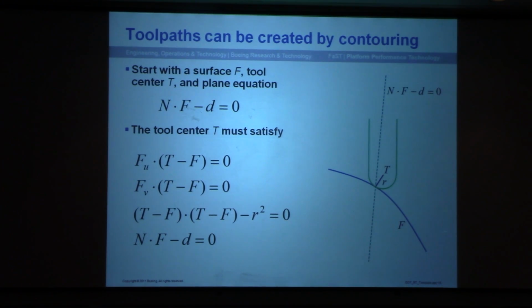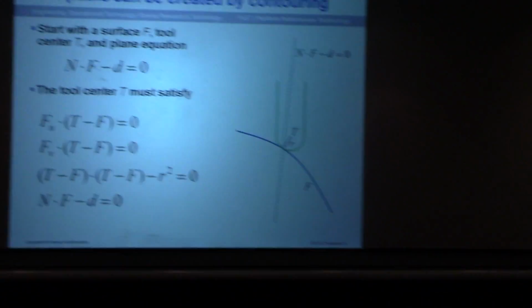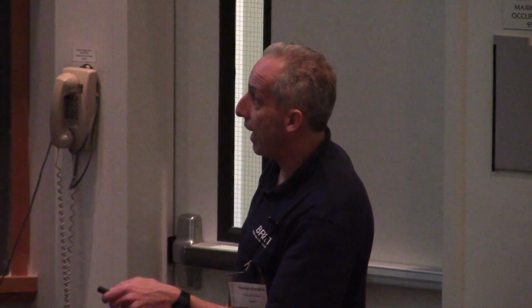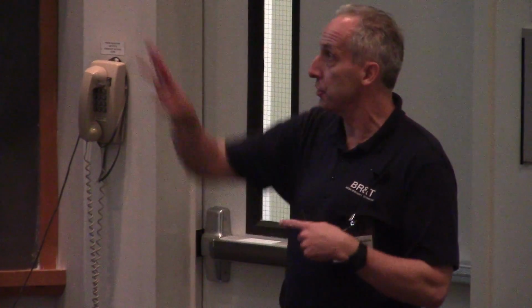So let's think about this right now. I've got the two parameters u and v that give me points on the surface. And then I have the three values x, y, and z that describe in space the location of the tooltip. So I've got those 5 variables in play, and I have these 4 equations right here. So again, I expect a 1-parameter family of solutions to these 4 nonlinear equations in the 5 variables.